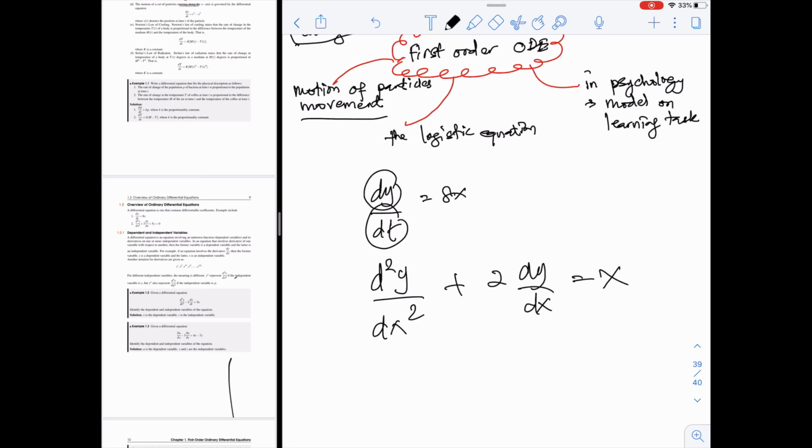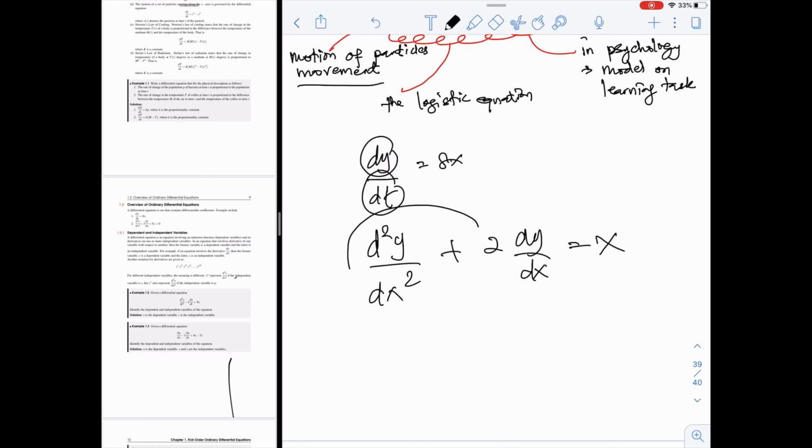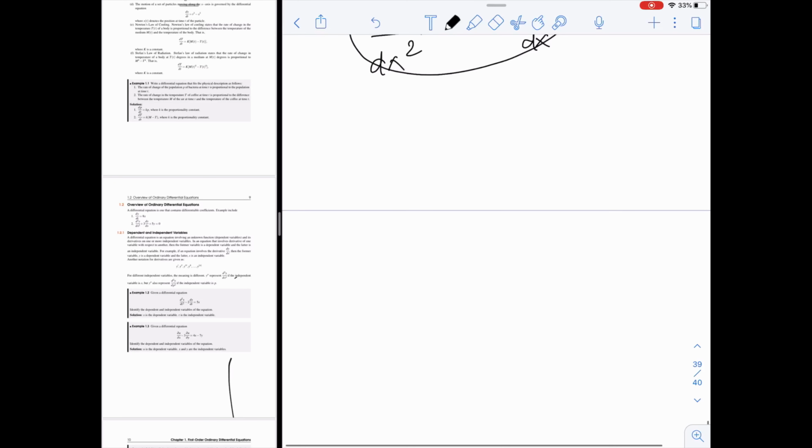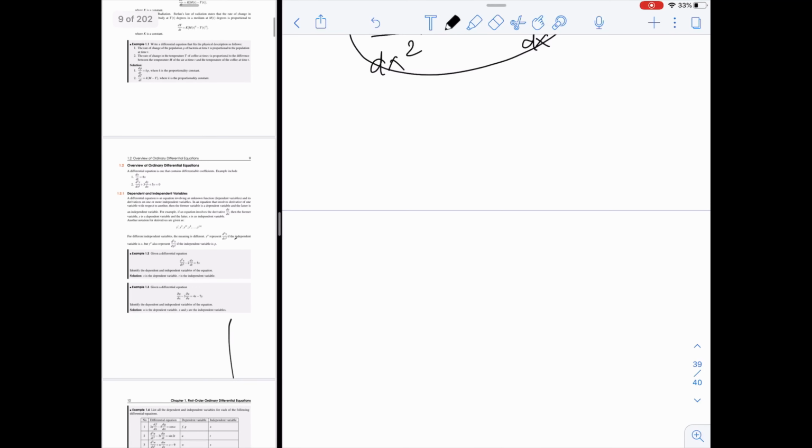This one we also consider a differential equation. However, for this one we have the first order, and for this one we have the second order.